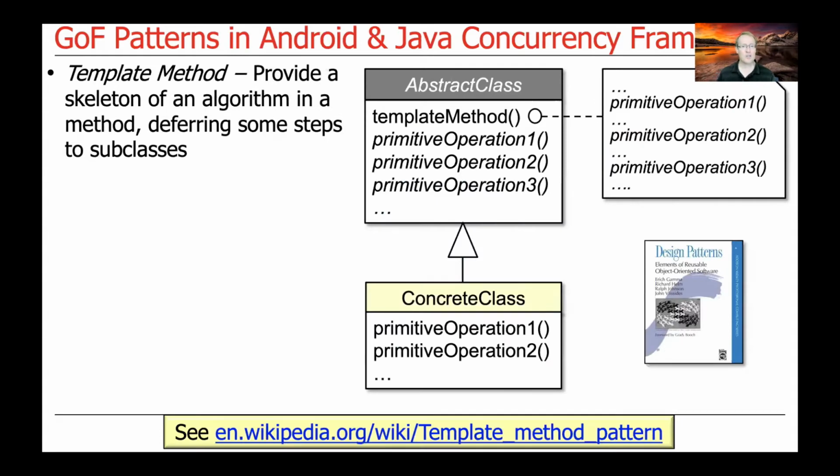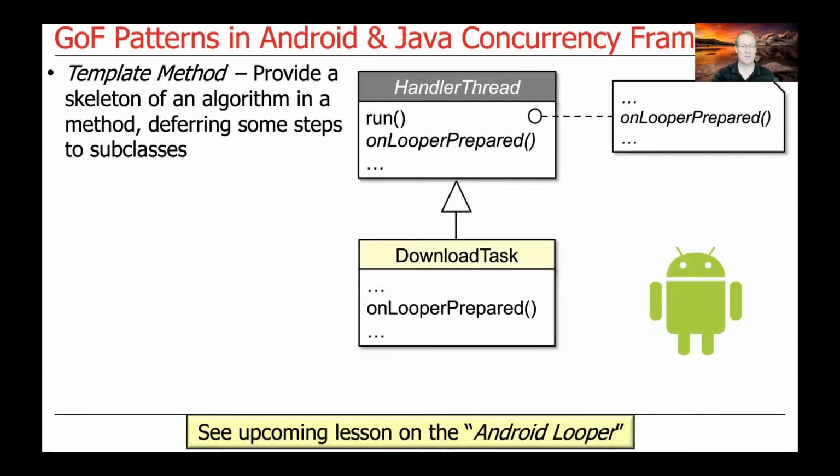So if you recall template method, which hopefully is at least somewhat familiar to you from taking CS 251, this is a Gang of Four pattern that provides a skeleton of an algorithm in a method, and it defers some of the steps in the algorithm to subclasses. And this is just a classic way. It's used in almost every imaginable framework to be able to decouple the interface from variants to the implementation.